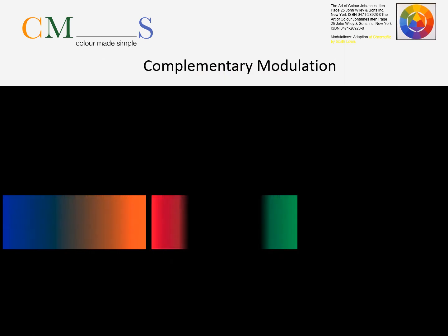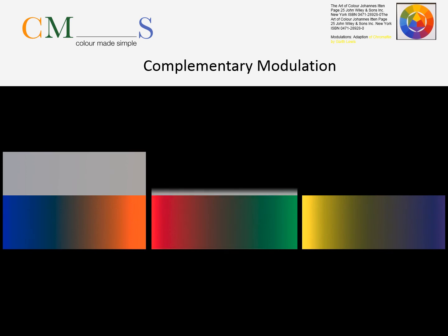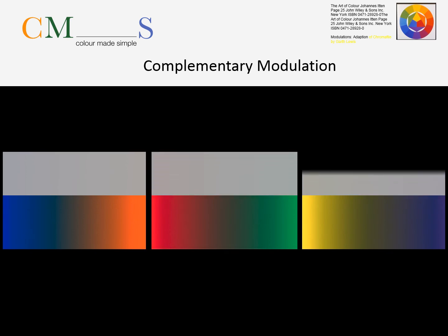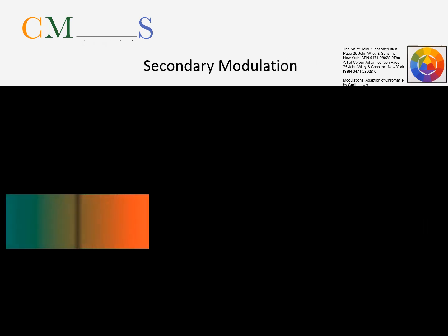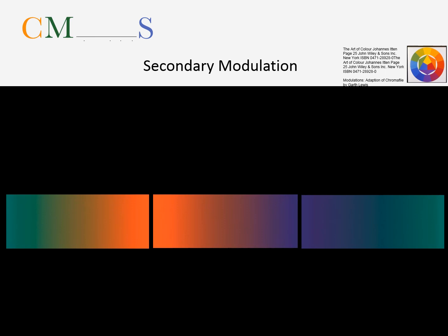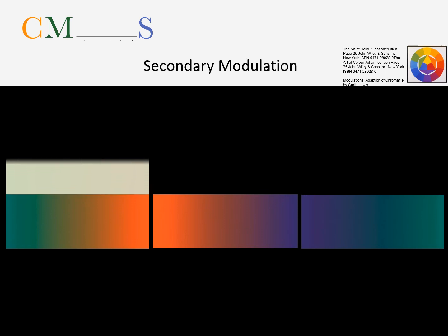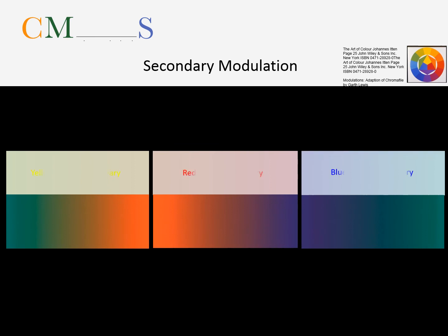When complementary colours are mixed together and tinted with white, they produce very subtle shades of grey. When two secondary colours are mixed together and the mixture tinted with white, there will be a dominant primary. For example, with green and orange, the dominant primary is yellow.